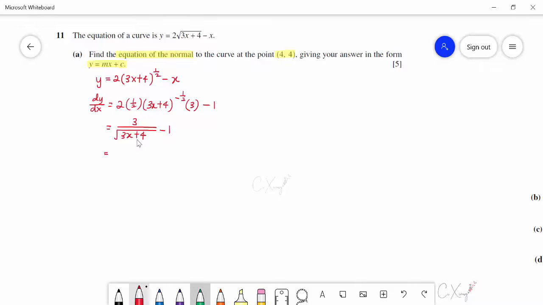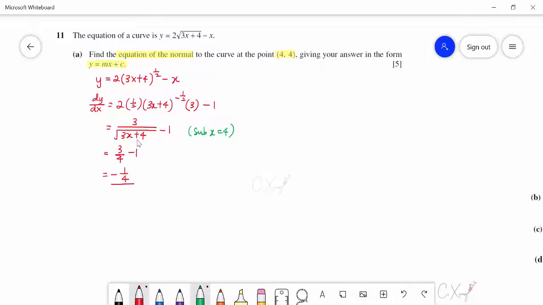So you substitute x = 4 into the equation here, and for dy/dx you'll get 3 over 4 minus 1, and from here you will get negative 1/4.